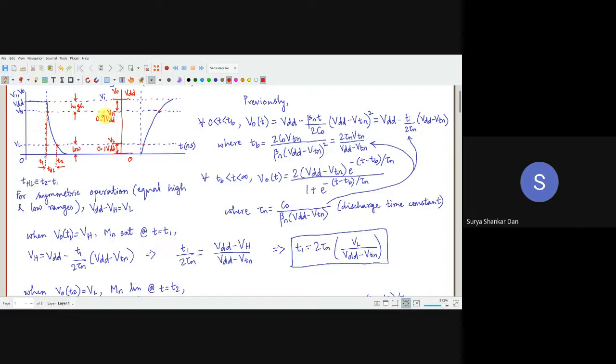Then it will become 0.95 VDD here, and this is going to be 0.05. Unless it is specifically mentioned in the problem whether it is 5% or 15% or something, you always choose 10%.